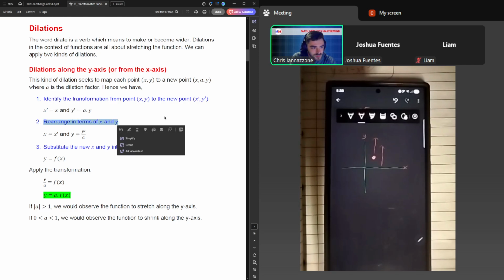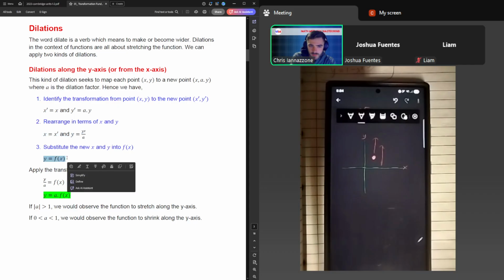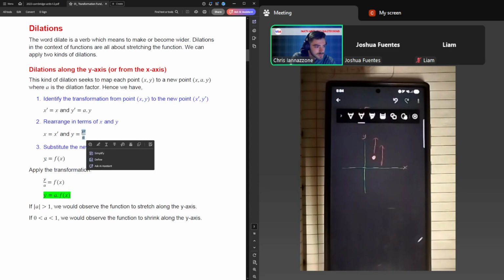From there, rearrange to get in terms of x and y. So literally just get them back on their own. And then substitute that into your function, whatever that is. In this case, we have just some sort of generic y equals f of x. When you substitute, it just means replace y, so this thing, with this. That's why you get y over a here. And that means replace x with x dash.